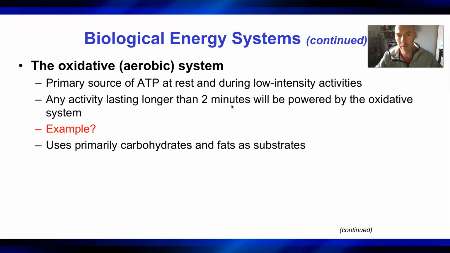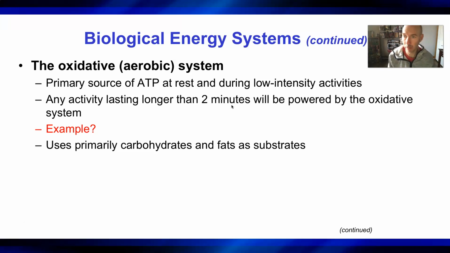And honestly, if you think about the sport of soccer, the field is so big, a lot of times the players are running at a lower intensity with short bursts of high intensity activity. So during that lower intensity movement, they're going to be relying on the aerobic energy system. And as I mentioned, when we're recovering from those high burst activities, we're using aerobic energy production.